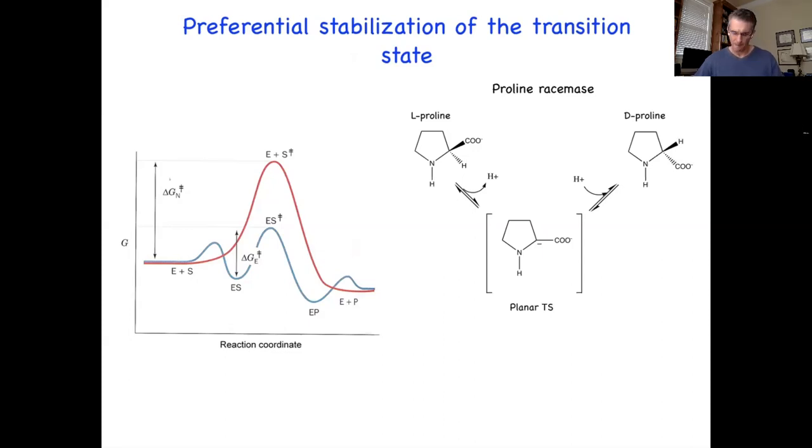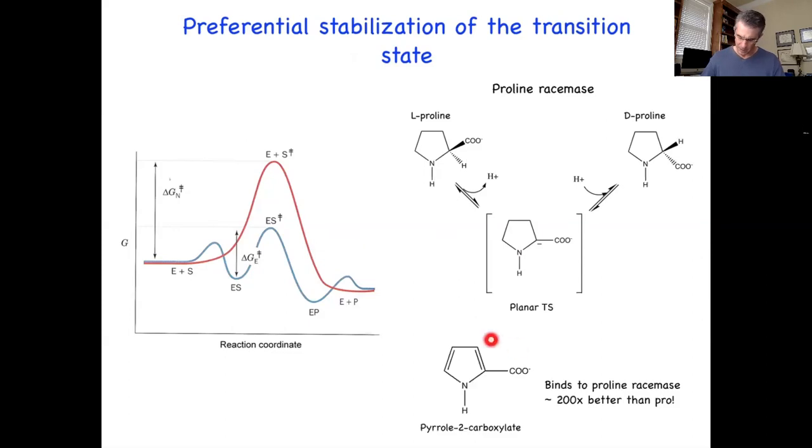Here's something really interesting. People recognizing this, right, the sort of geometric features of this structure, wondered what would happen if they gave this enzyme a molecule that kind of just looked like it, right? Unlike proline, right, D or L proline, which, that pyrrolidine ring is not planar. What if they gave it something that was planar?